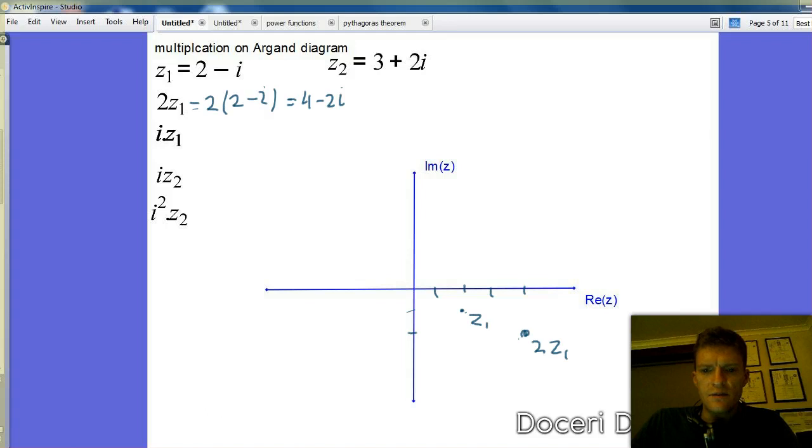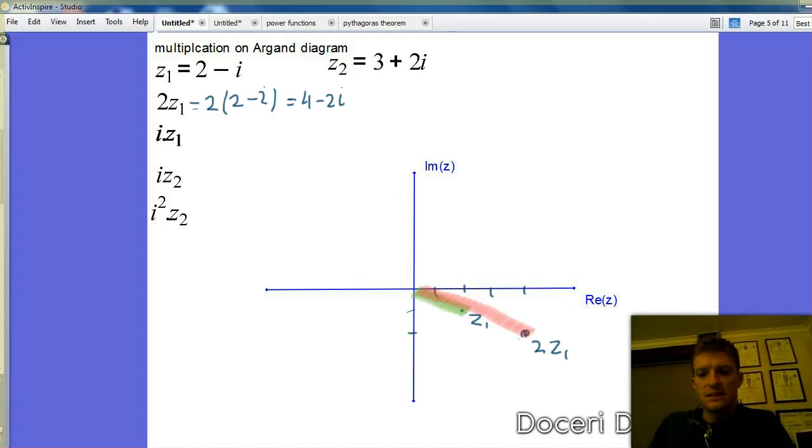And what's the difference between the two? Well, if we've drawn accurately, we might be able to see that z1 is that long, and 2z1 is another line in precisely the same direction, but with twice the length.